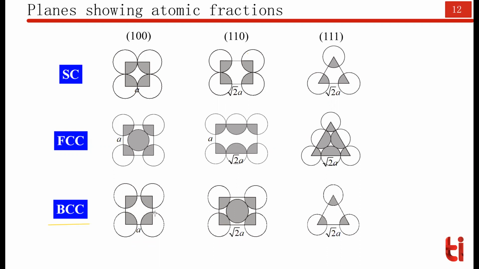Coming to the 110 case, you remember your 110 plane is the one which is running vertically parallel and passing through the face diagonals. So that plane is also passing through the body centered atom, in fact bisecting it. Let me show it in the 3D version.